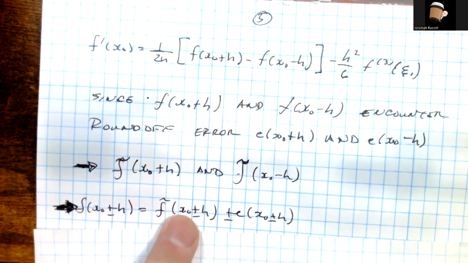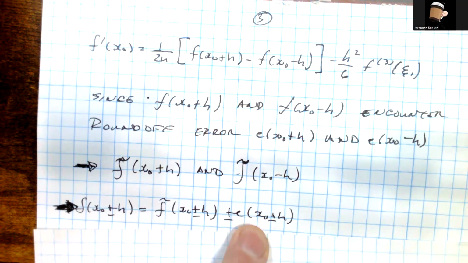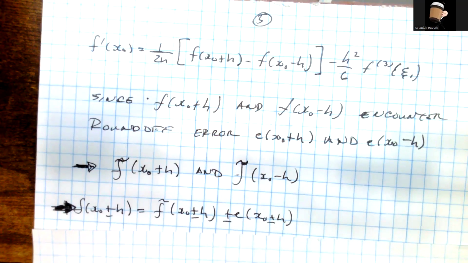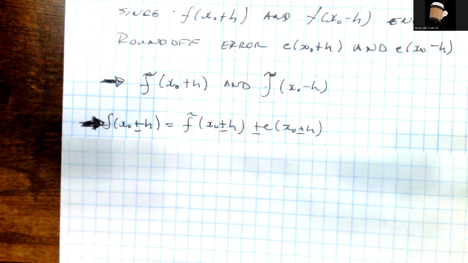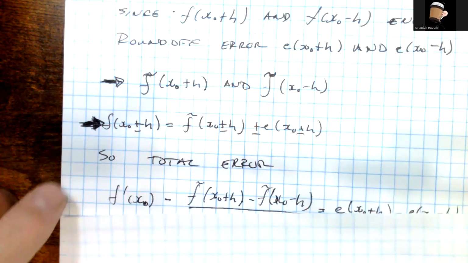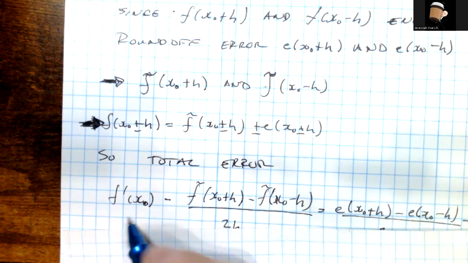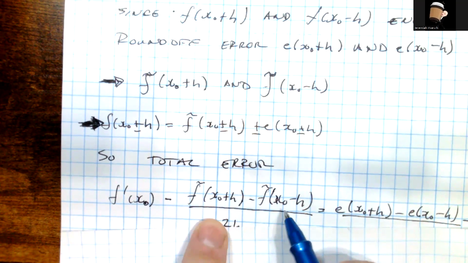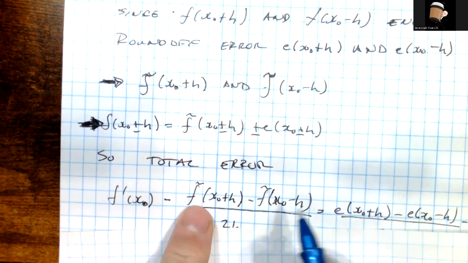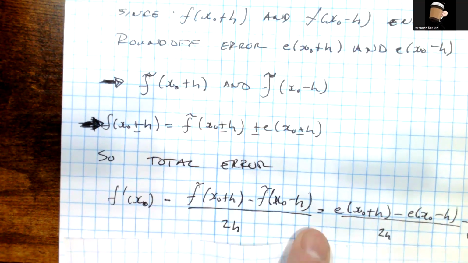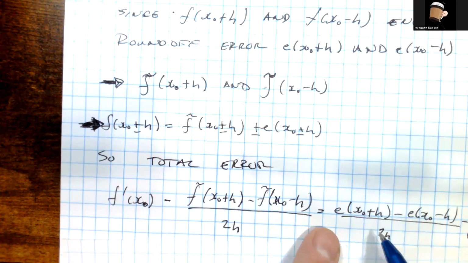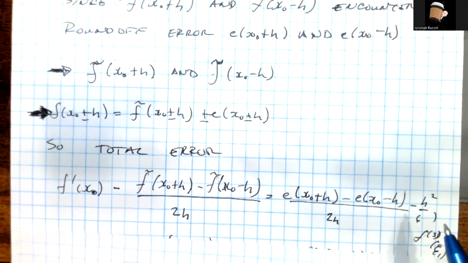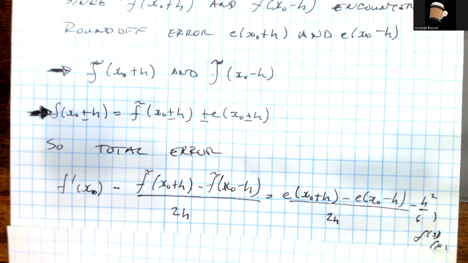So f tilde plus is f plus the epsilon, or the error term, and then f tilde minus is f minus the error term there. Okay, so if that is, then the total error would be equal to the derivative minus the difference in the two approximations divided by 2h, or step size, which is equal to the corresponding error in that value with the error term considered here.